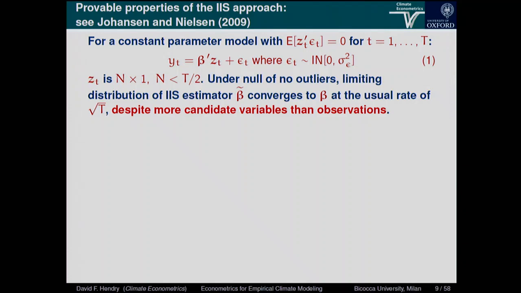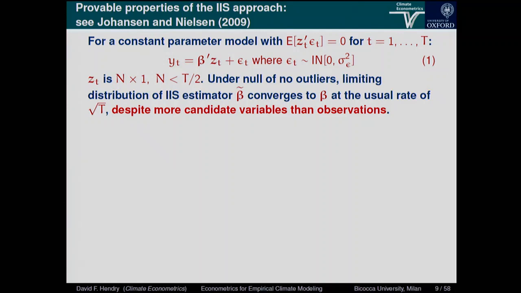The provable properties for impulse indicator saturation come out of a fantastic paper by Søren Johansen and Bent Nielsen, 2009. So for a constant parameter model, y_t is beta prime z_t plus epsilon. Here I've taken the epsilons independent normal, but they consider a wide range of other distributions, constant mean, constant variance, and the z's are independent of the epsilons, and there are n of them, which is less than T over 2.